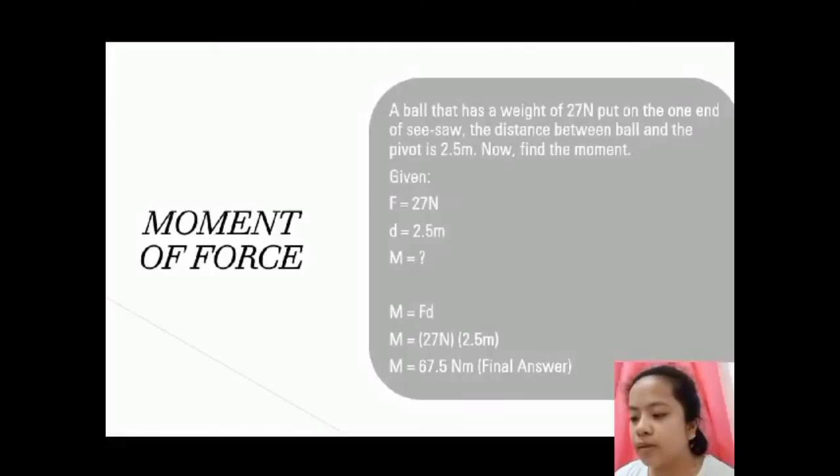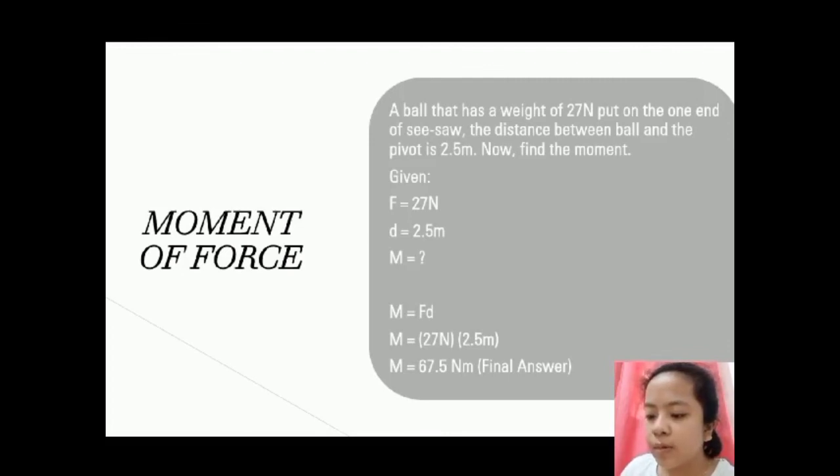Moment of force. This is an example of moment of force. A ball that has a weight of 27 Newton is put on one end of a seesaw. The distance between the ball and the pivot is 2.5 meter. Now find the moment. The ball is causing anti-clockwise moment. The given is F or force equals 27 Newton.